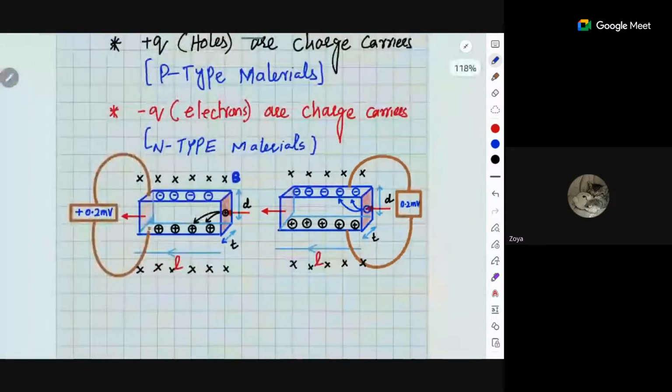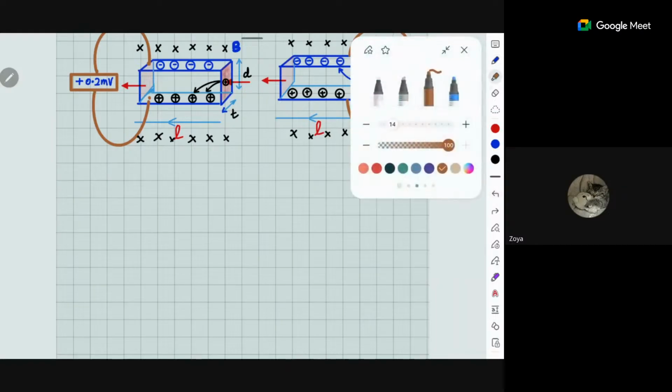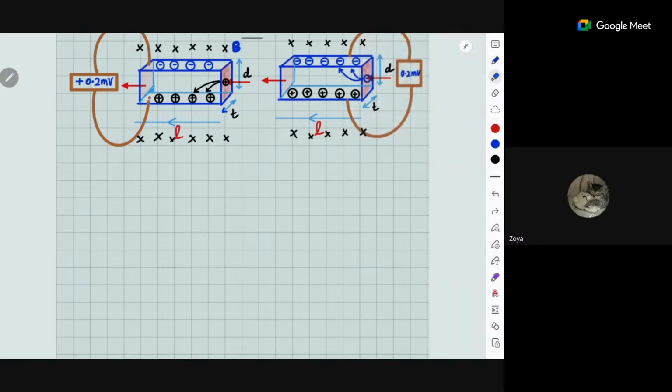Anyone else who has a different opinion or a different conclusion? Okay, I can give you a chance to answer this question. For example, if you have a battery, and you are going to connect a voltmeter to that battery.